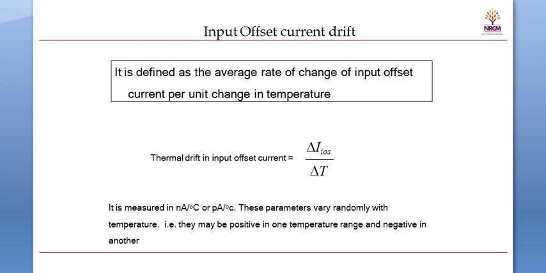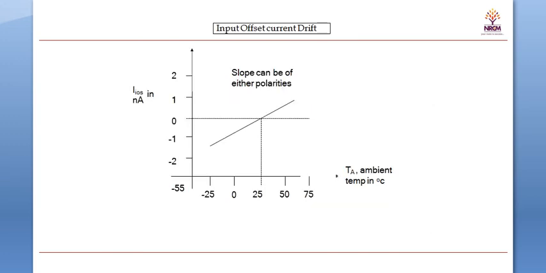That is, they may be positive in one temperature range and negative in another. The value of input offset current at room temperature is 0. As you increase the temperature, the input offset current increases, and as you decrease the temperature, it decreases.